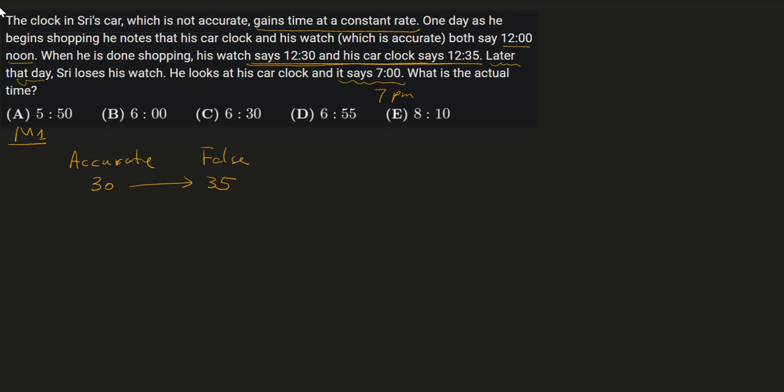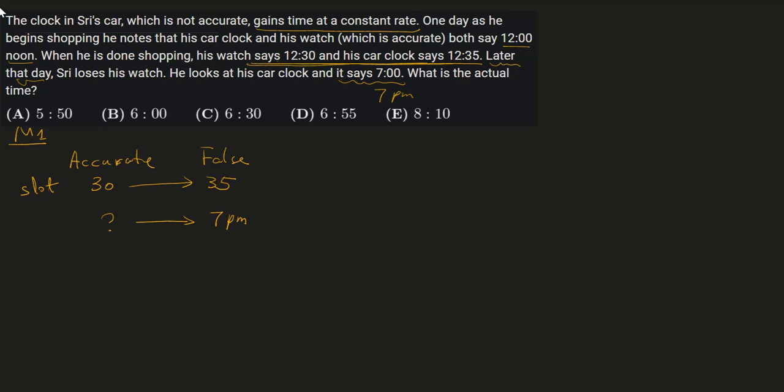And then we know that at the end of the day, we have a time from the false time system, which is 7 p.m. And we certainly want to know what value maps to 7 p.m. Let's suppose 30 minutes in the accurate time system is one time slot. Let's just call that a slot for simplicity.